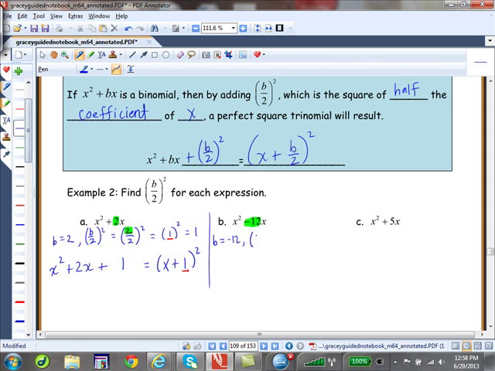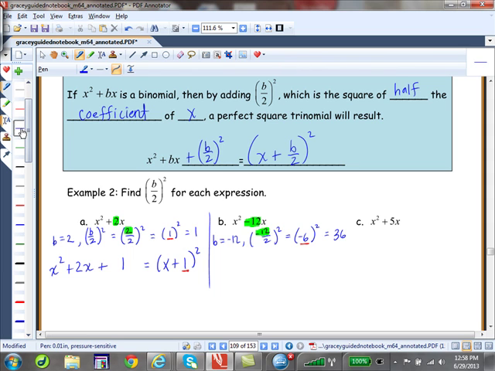So we're going to have negative 12 over 2 squared. And what is that? That's negative 6 being squared, and negative 6 being squared is a positive 36. So this was our b, and this here is what the b over 2 simplified was.